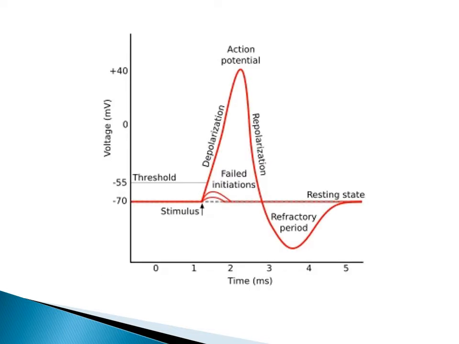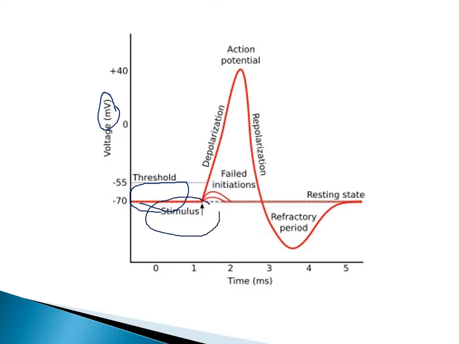This diagram is one that we will refer to frequently as we travel through the different parts of an action potential. This graph is showing you everything you need to know about an action potential. It starts out by showing you resting potential here at -70. Notice that it's in terms of millivolts. So it's not a lot of electricity, but we're going to be measuring this in terms of electricity.